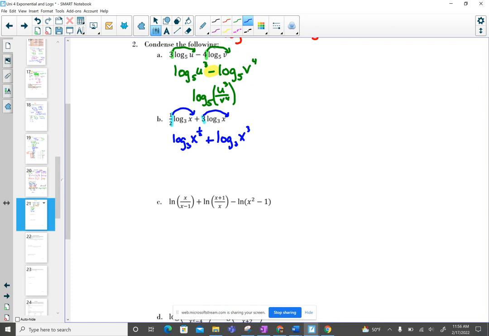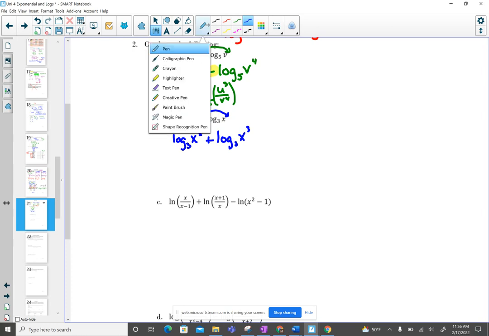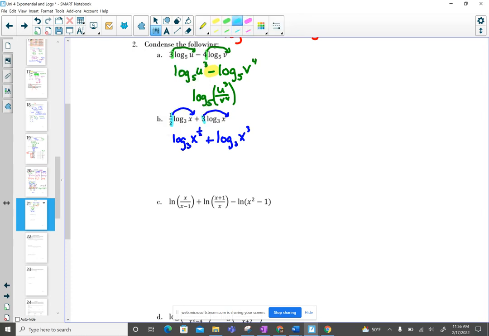When we further condense these, we've got to see what that plus sign does. Adding when you're expanded means multiplication when you bring them back together, when you condense them. So this is log base 3 of x to the 1/2 times x cubed.